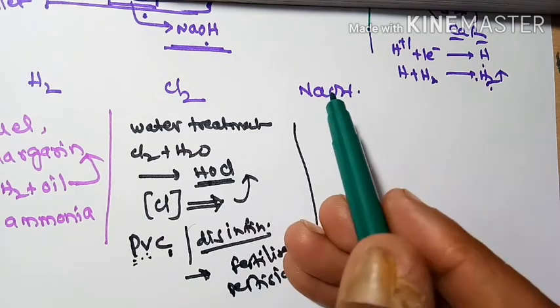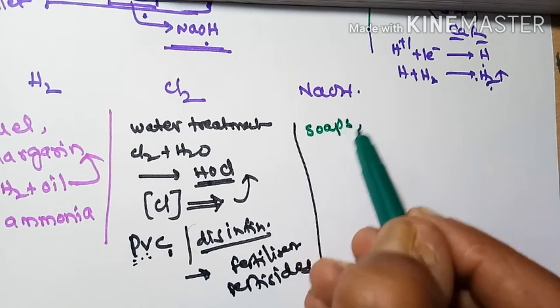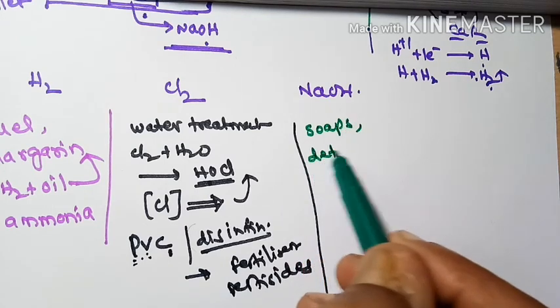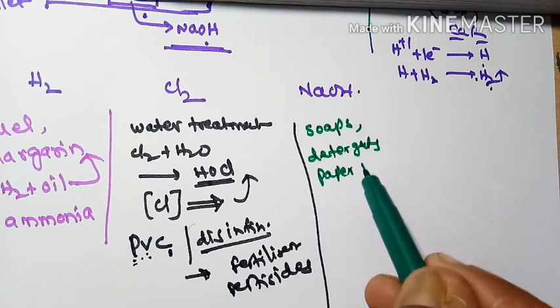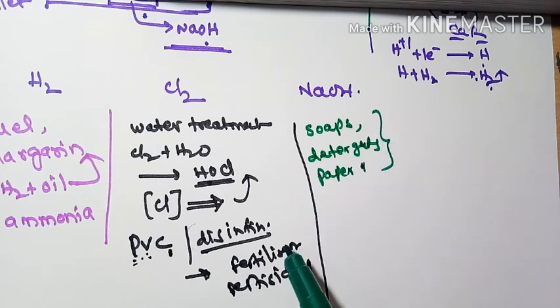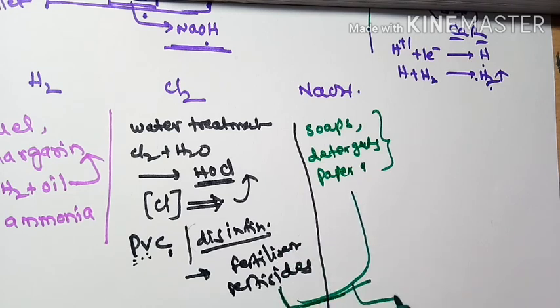Then let me take the uses of sodium hydroxide. It is used in the soap industry, in the detergent industry, and in the paper industry. So in these industries we use sodium hydroxide. And this sodium hydroxide and chlorine are collectively used to prepare calcium oxychloride, bleaching powder.